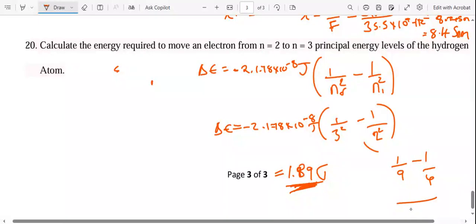You multiply these two, so you find something like 36, and you get 9 minus 4, which is negative 13 over 36. Remember there is a negative in front, so you multiply that negative by this number and you get positive. That's why it's positive there. Besides that, you have joules there.